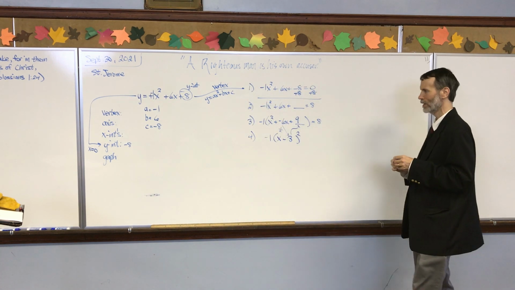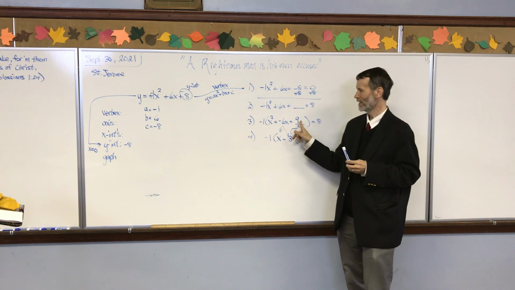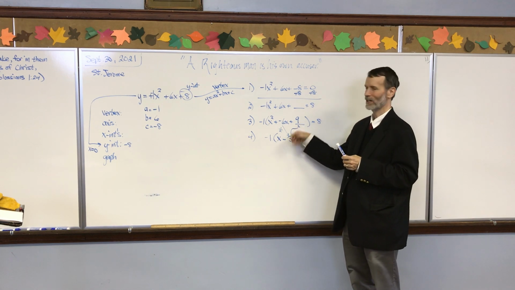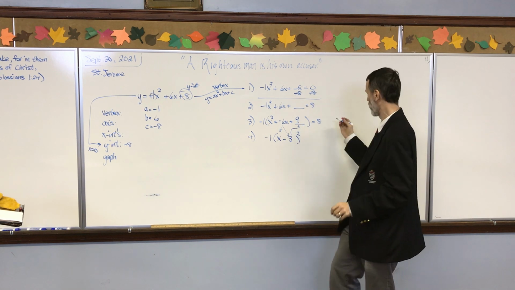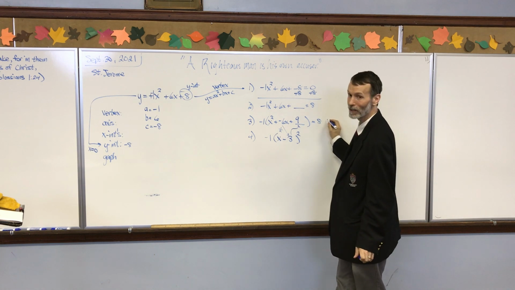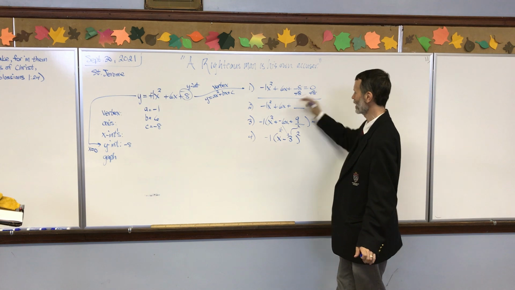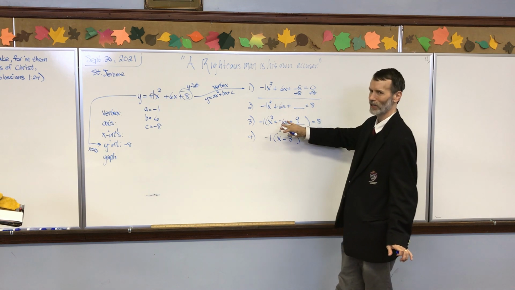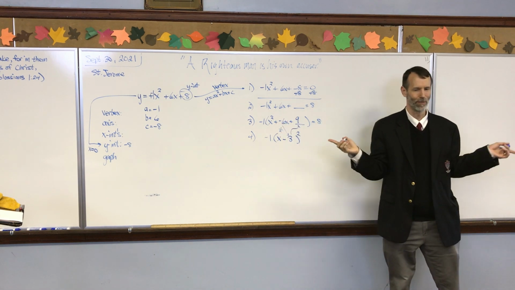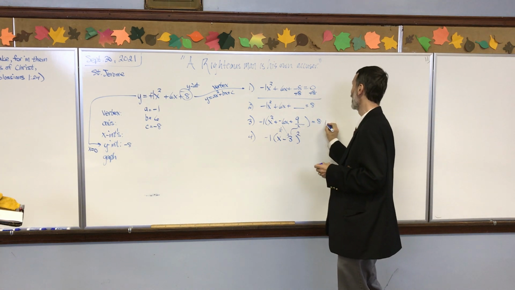There's extra weight here, the 9. How do I make up for it? This is on the left side. You can do anything you want as long as you do it to both sides. Why is it negative?